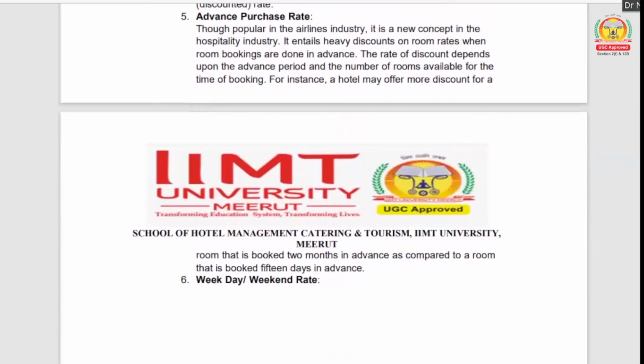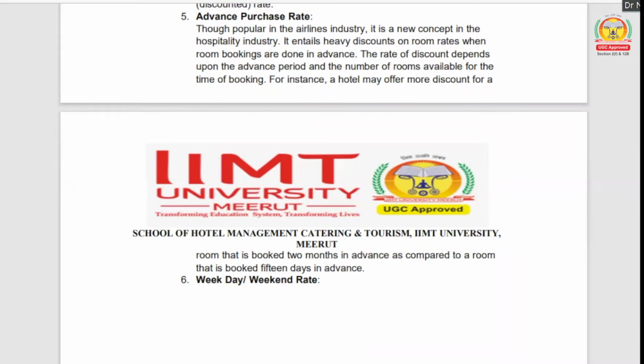Advance purchase rate is also one of those which, though popular in the airline industry, is a new concept in the hospitality industry. It entails a heavy discount on room rates when room bookings are done in advance. The rate of the discount depends upon the advance period and the number of rooms available at the time of booking.